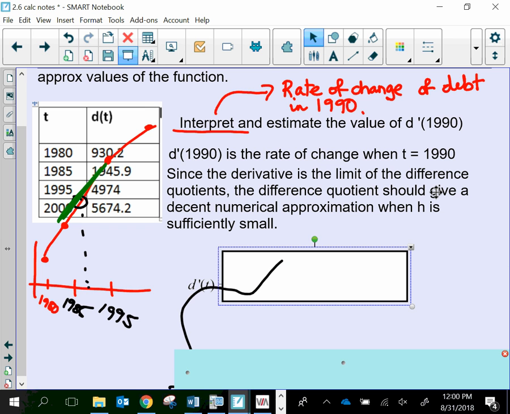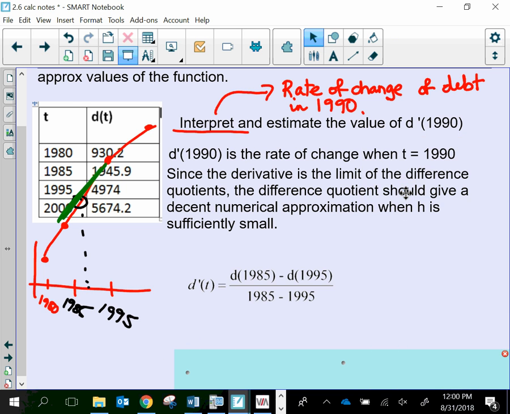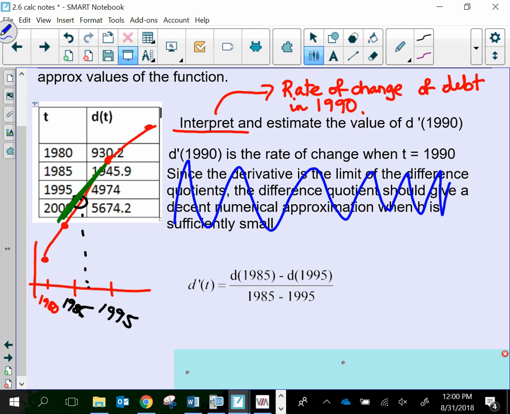So D prime of t is going to be allowed to give me this. I know 1990 is between 1985 and 1995. Honestly, I wouldn't even write that because I don't think it's very meaningful to you. D prime, this is how I'm going to find it, because 1990 is between 1985 and 1995, this is the same as what you would find.